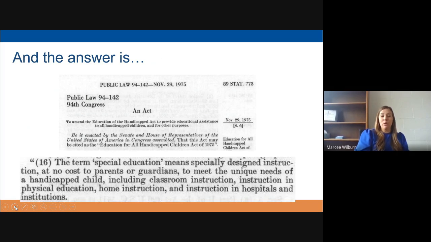You will notice that in the language, the term special education means specially designed instruction. So those terms can be used interchangeably. And for those students who require special education, they require specially designed instruction to be available to them.